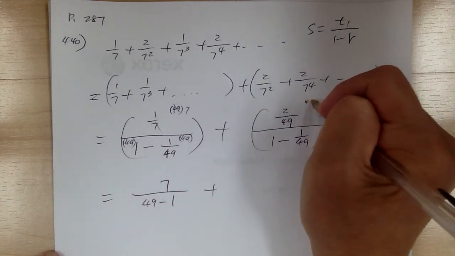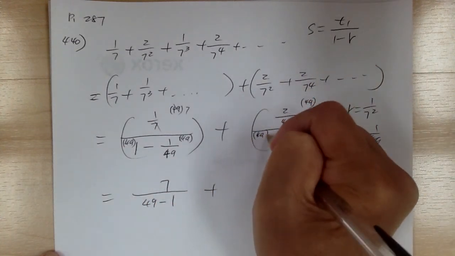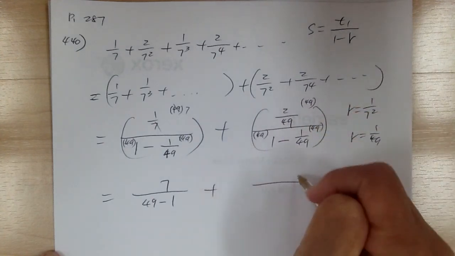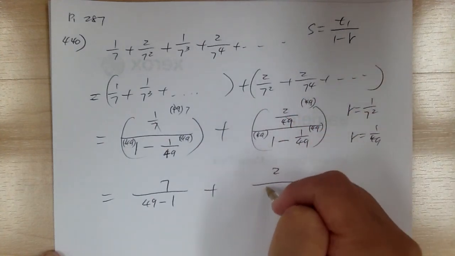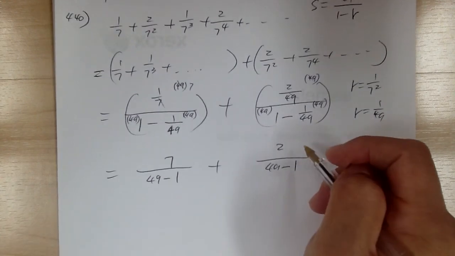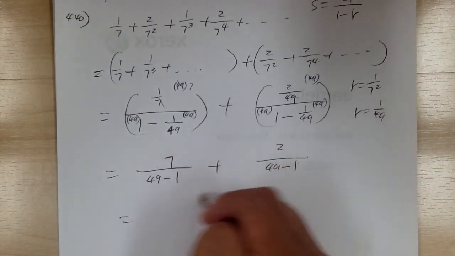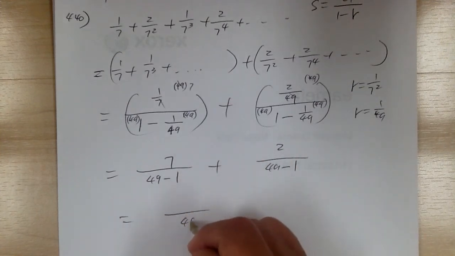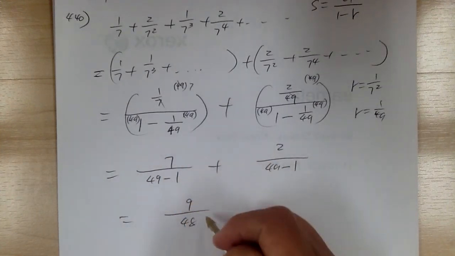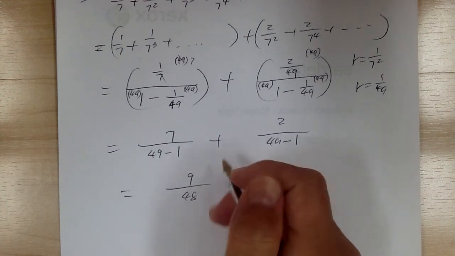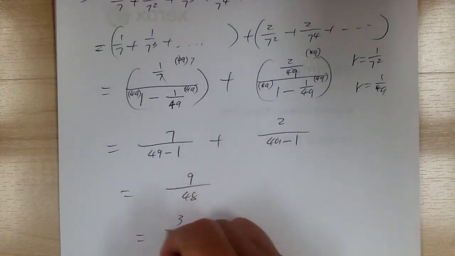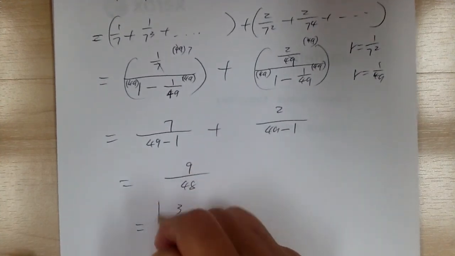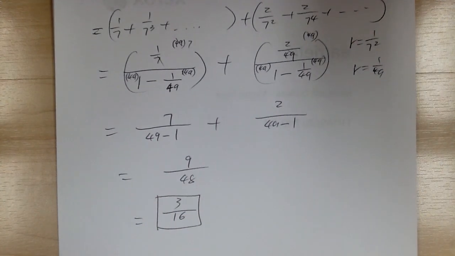This one again, multiply by 49, so this cancels out and you're going to get 2 over 49 minus 1. Since you have a common denominator, you can make it 48 already, and this you're going to get 9. And then from here you can reduce by 3. And so that's it.